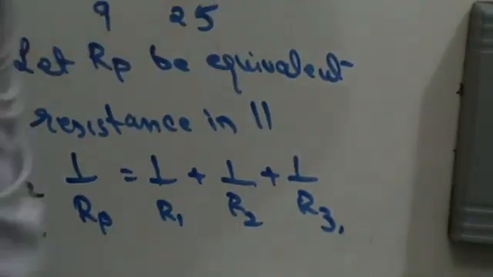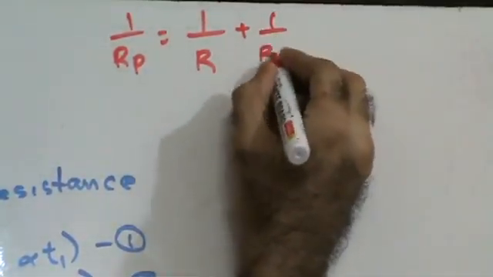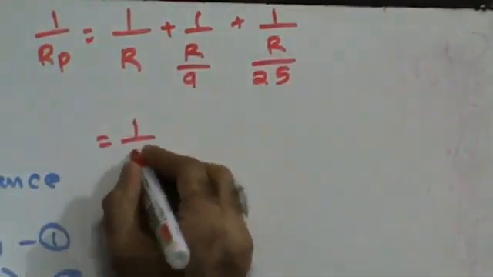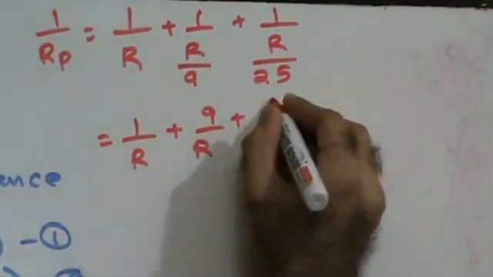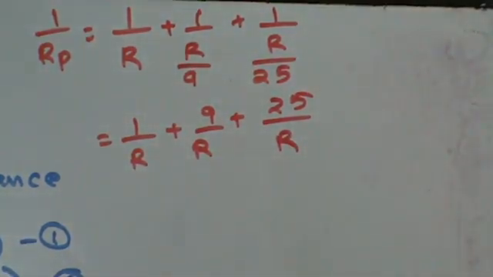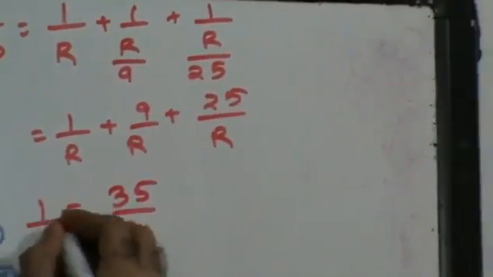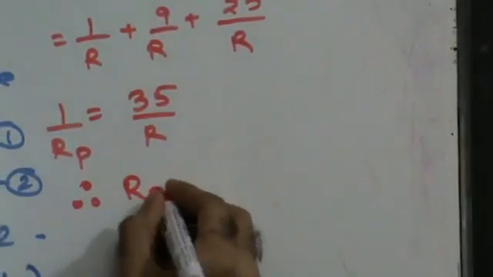So 1 upon Rp is 1 upon R plus 1 upon R upon 9 plus 1 upon R upon 25, where R is the common factor in the ratio of resistance. This becomes 1 upon R plus 9 upon R plus 25 upon R, which is 35 upon R. Therefore, the equivalent resistance in parallel will be R upon 35.